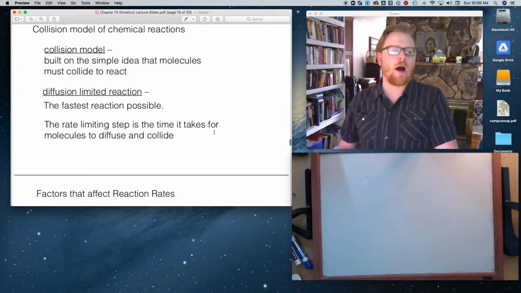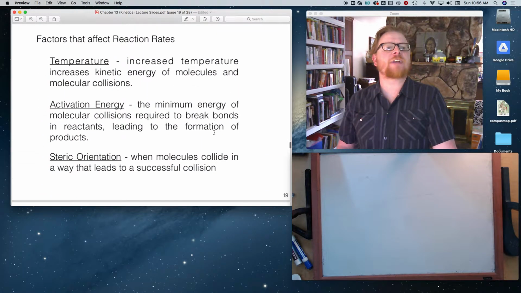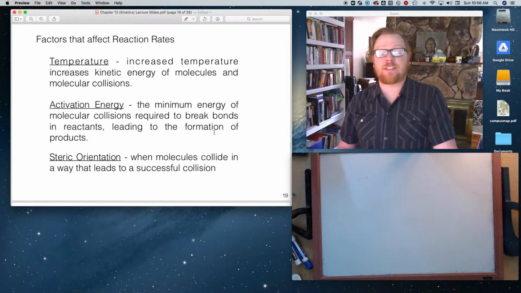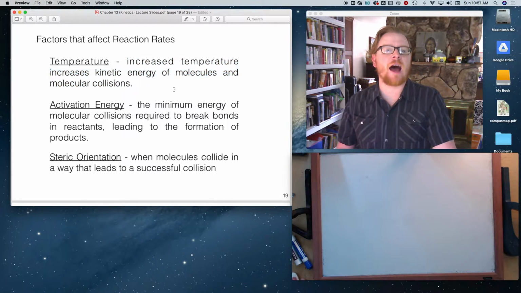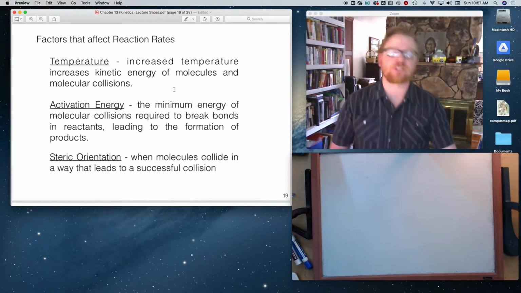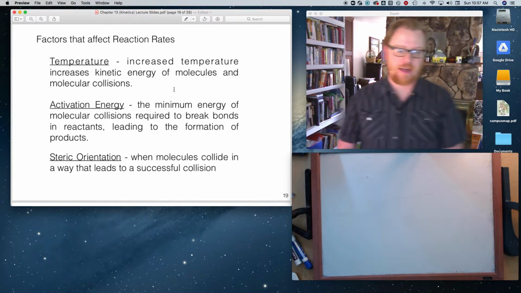Okay, let's move on. So, factors that influence these types of reaction rates or these rate limiting steps. So, temperature. More often than not, when you increase the temperature of some molecules, it will increase the speed at which they react. And that's because they have increased kinetic energy, they're moving faster, they can diffuse and find each other faster.